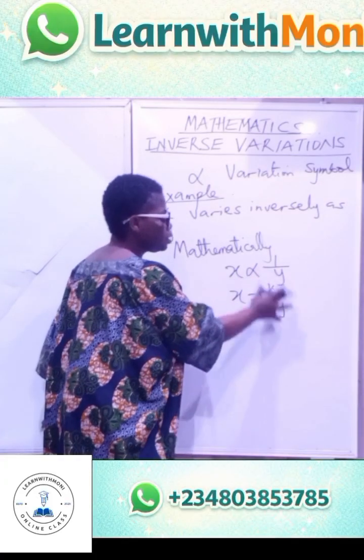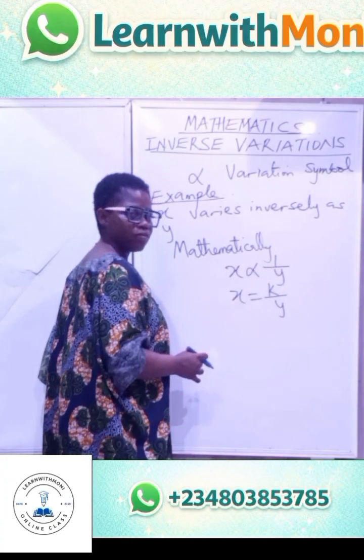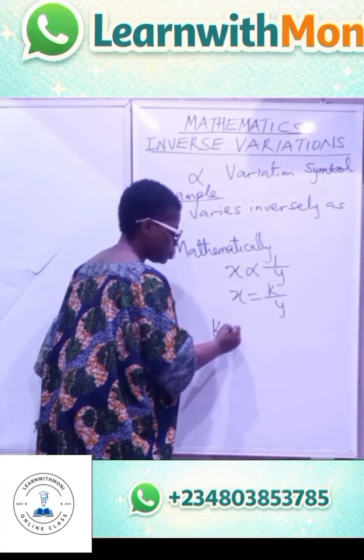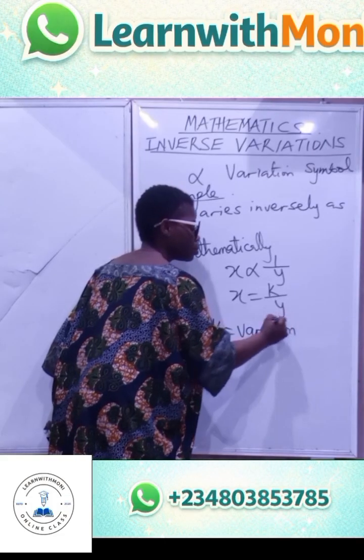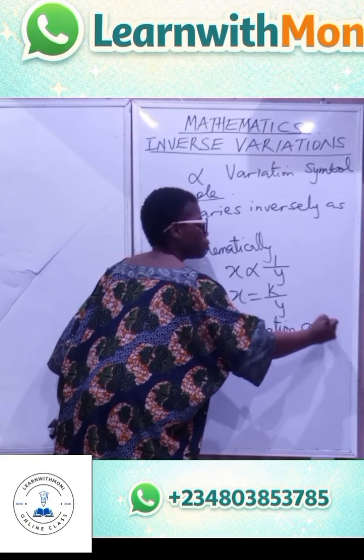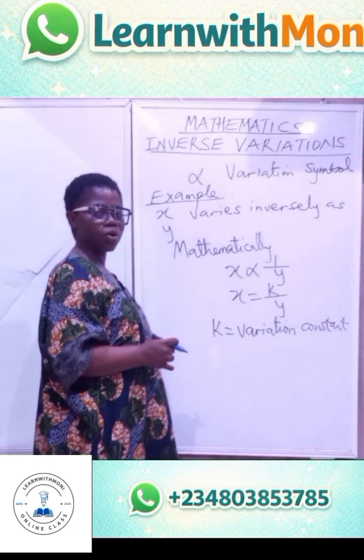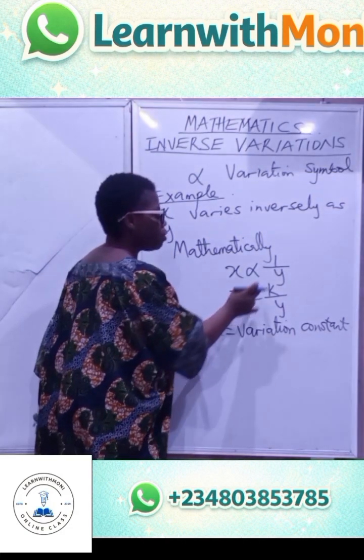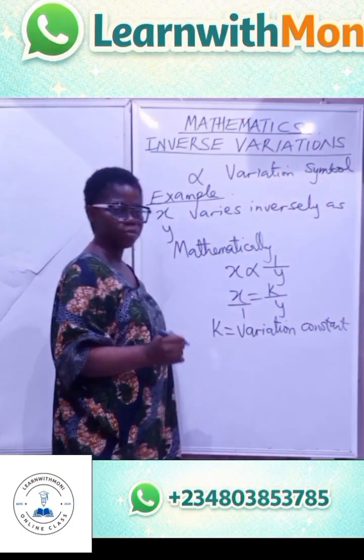K is the variation constant. To get the value of this K, you can do it by cross multiplication.